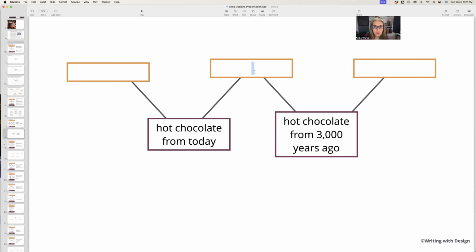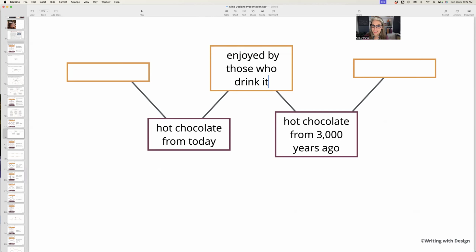Okay. So similarity, well, it's enjoyed by those who drink it. But hot chocolate from 3,000 years ago, it was warm in temperature. So that brings me to something I'd like to clarify: I initially just had this in my head.